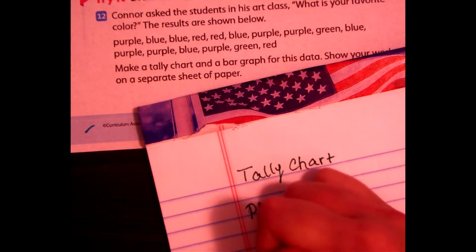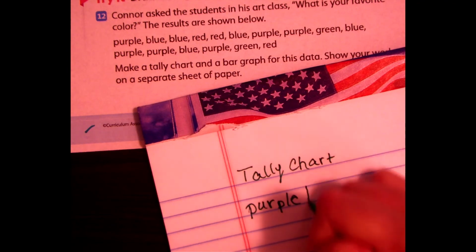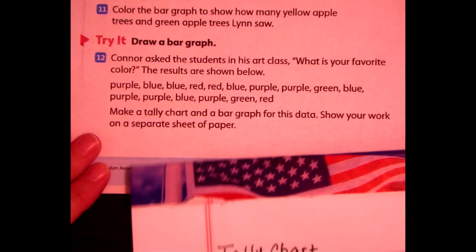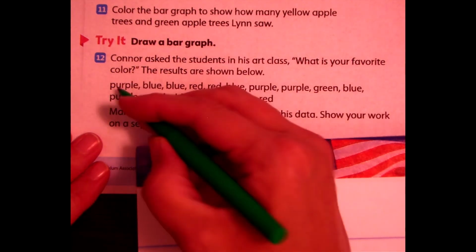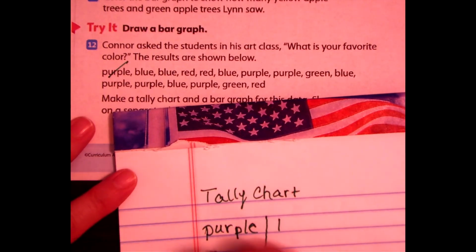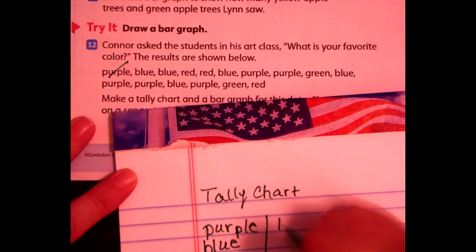Okay, so I have purple. And I have 1 purple. So what I'm going to do, I wrote purple, and then I'm going to cross out purple. Okay, I have blue. So I'm going to write blue on my paper and put 1 blue.